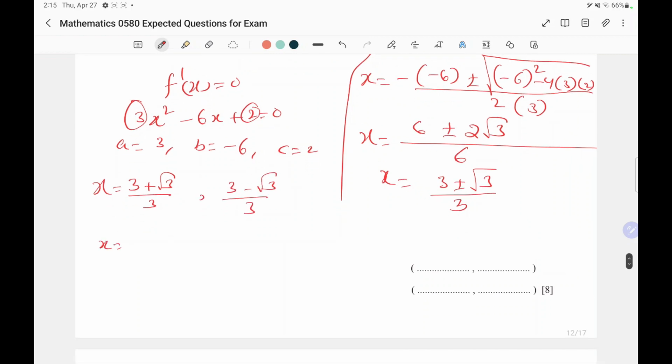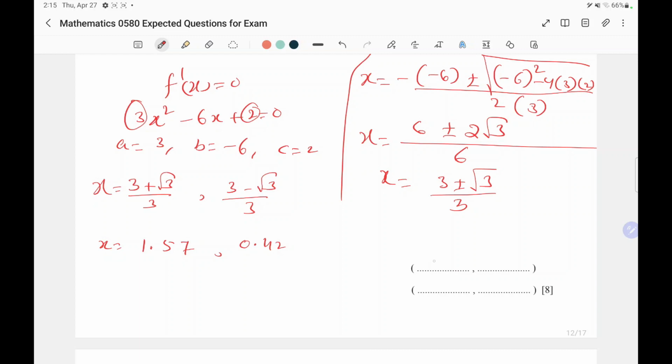So what's the value, by the way? 3 plus root 3 over 3 is 1.57, and 3 minus root 3 over 3 is 0.42.